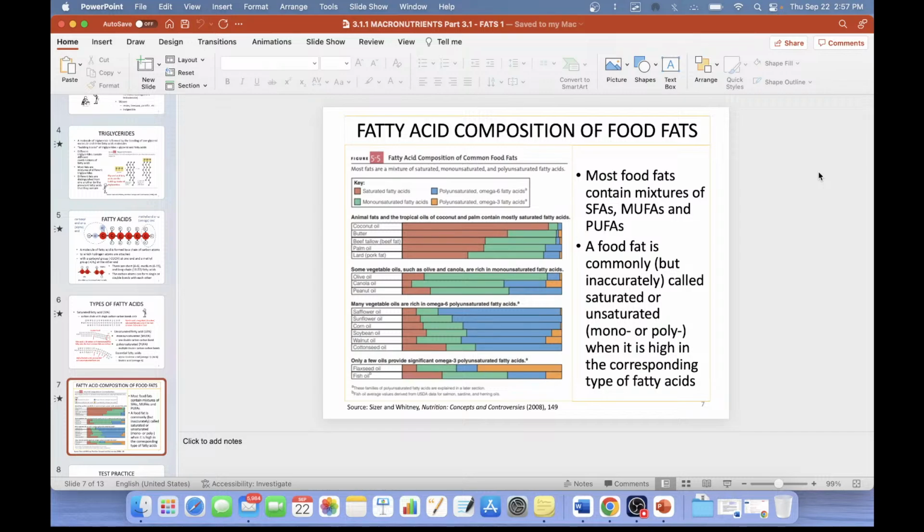animal fats and tropical oils, that is fats derived from animals or from coconut and palm, which are called tropical oils, you will see that they contain mostly saturated fatty acids. That's why we call them saturated fats.